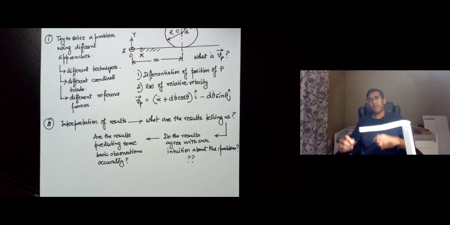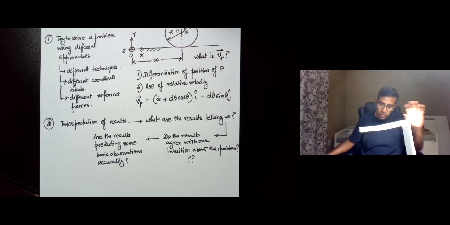So although some of the results may be more complicated to understand through intuition, other results could be quite basic, and there you have a higher level of certainty that this system should have this kind of characteristic or behavior.